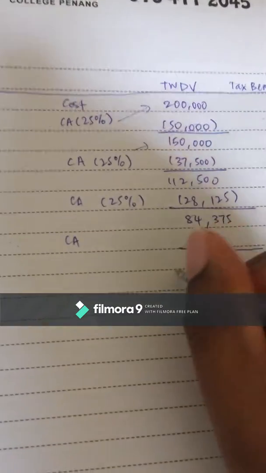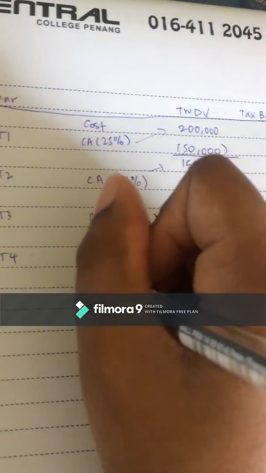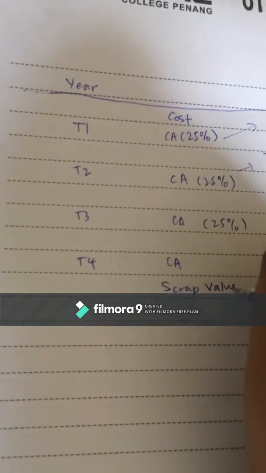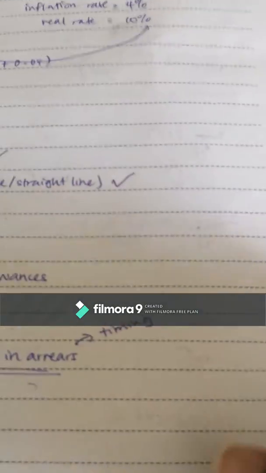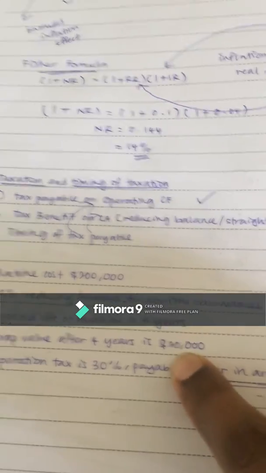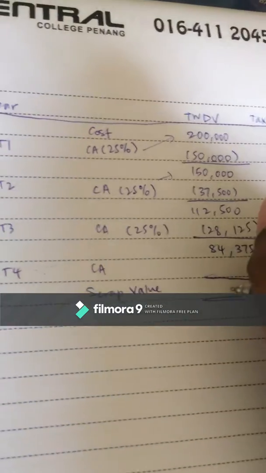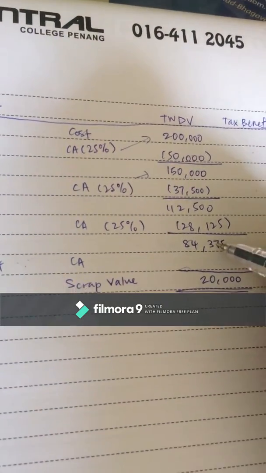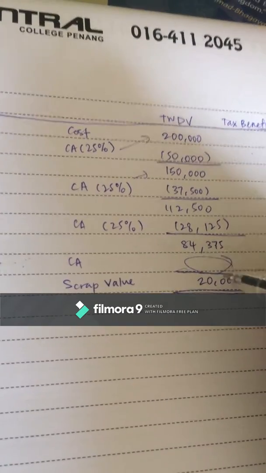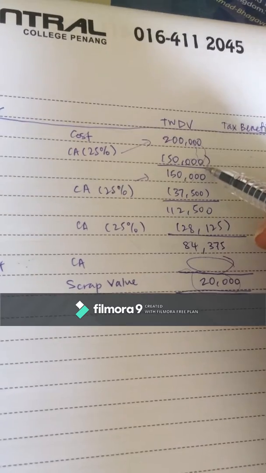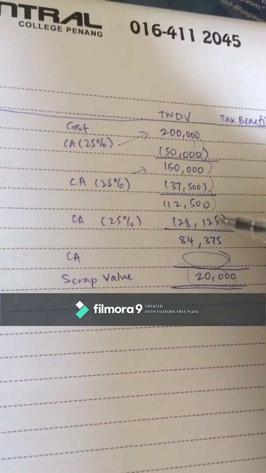Okay, so when it comes to the final year, T4, you have to be careful a bit because you have scrap value here. It's given in the question that the scrap value is 20,000 after 4 years. So you just plug that in, 20,000. We know that 84,375 minus the capital allowance will leave you with 20,000, because every time you minus capital allowance, the balance reduces.